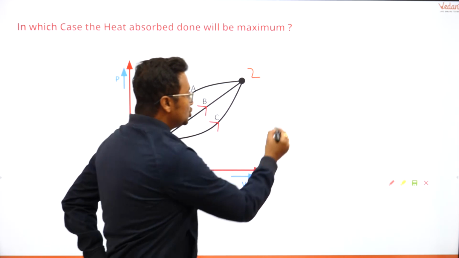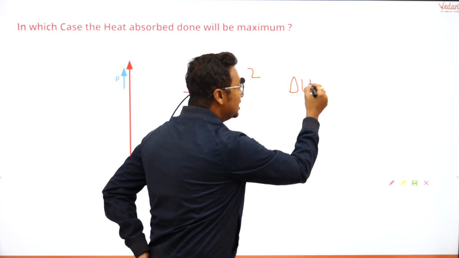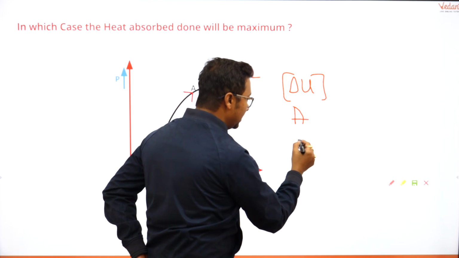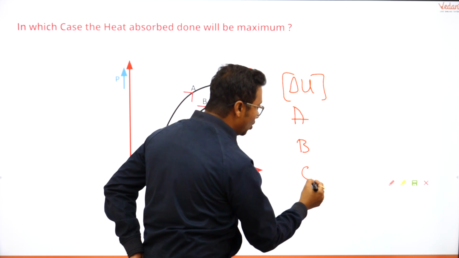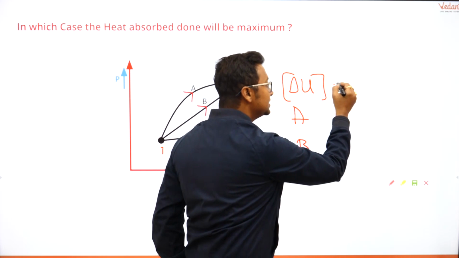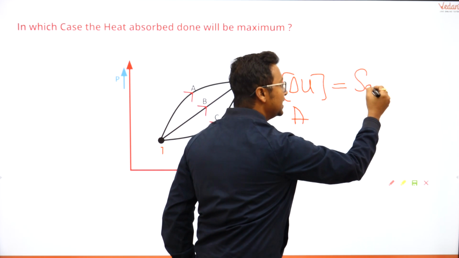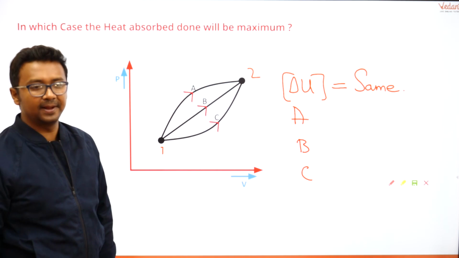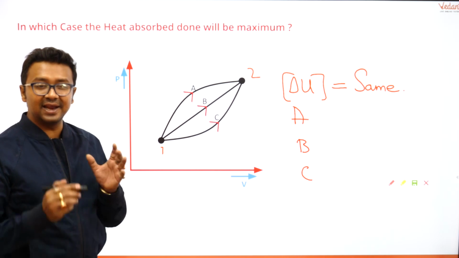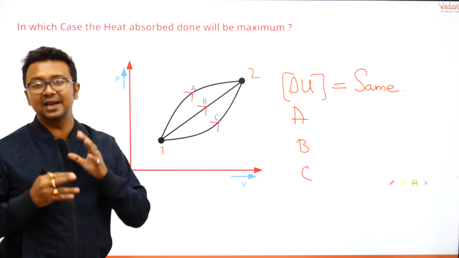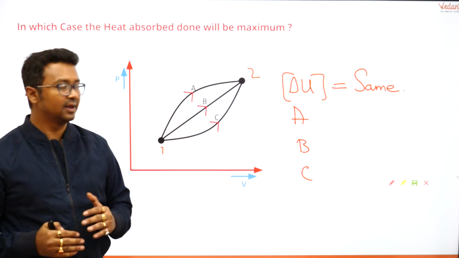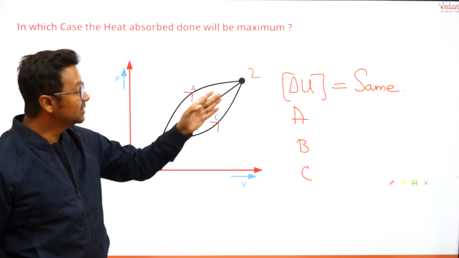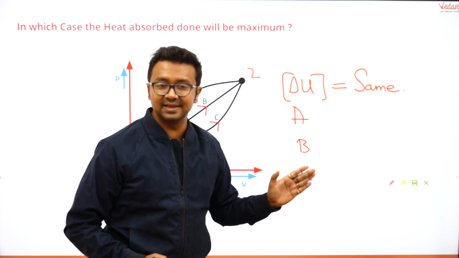Clear? So the change in internal energy, whether it is going via process A, B or C, is the same for all the 3 processes. Clear? Because of the very fact that internal energy is a state function, it depends on the initial and the final point. So here, with points 1 and 2 being the same for the 3 processes, the change in internal energy is the same.